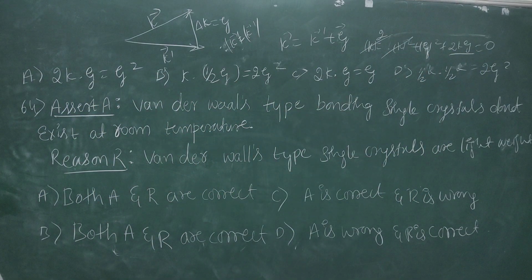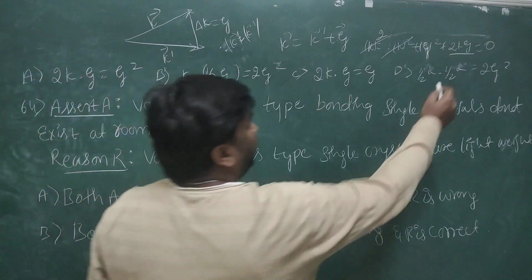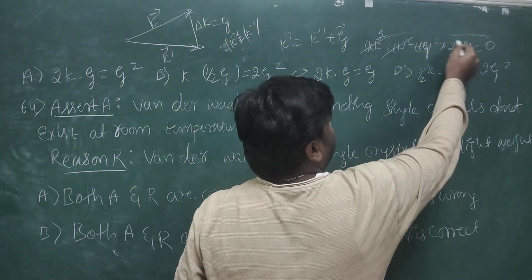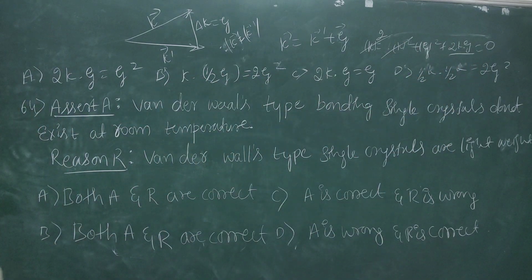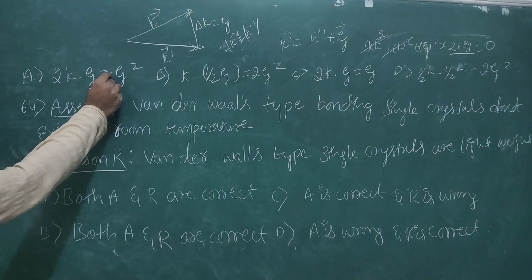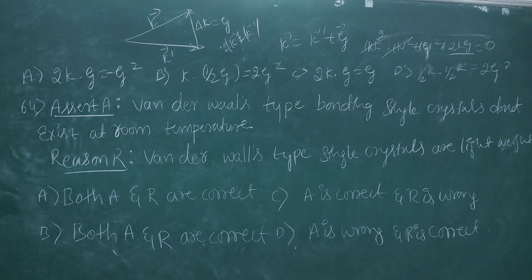So, is there any option like that? 2 k dot G. So, in terms of vector notation, we can write 2 k dot G is equal to minus of G squared. If it is minus, it is the correct option. Here the minus sign is missed, I think. So, option number A is correct.